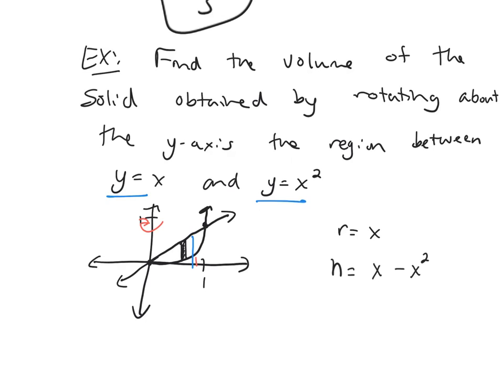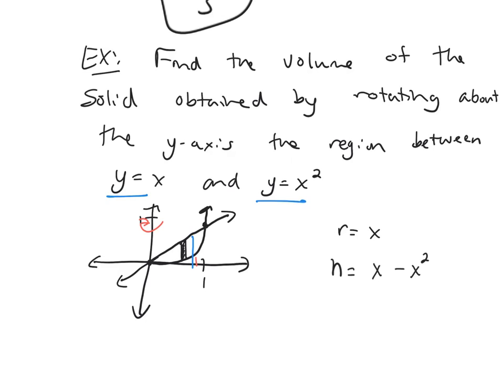On the last one, you could just use f of x because the bottom of my region was at y equals 0. But here, the bottom of my region is this parabola. So in general, if you have a top and a bottom, it would be the difference, just like for area, you did top minus bottom. Same thing here.